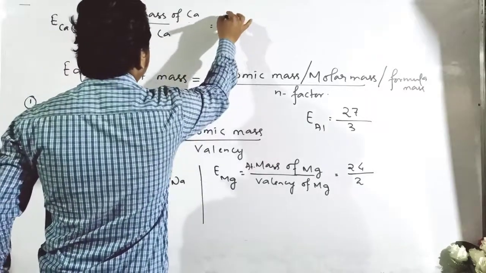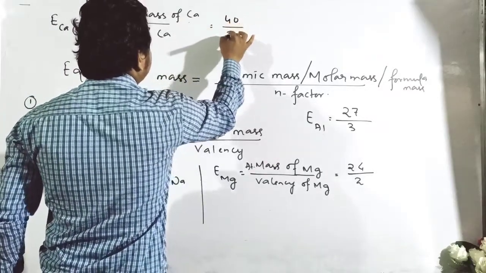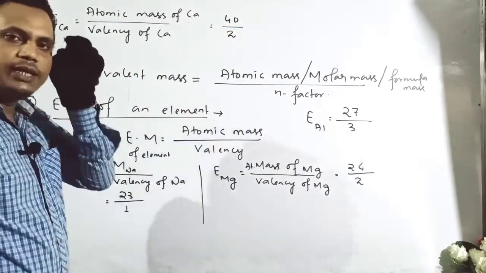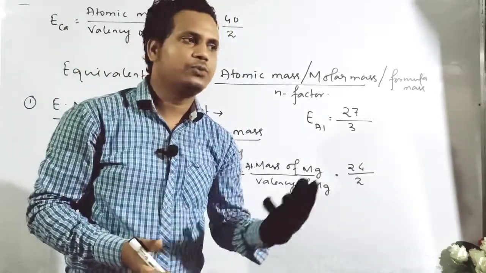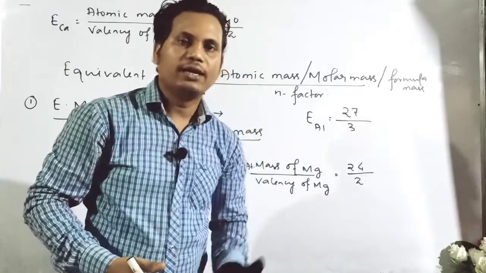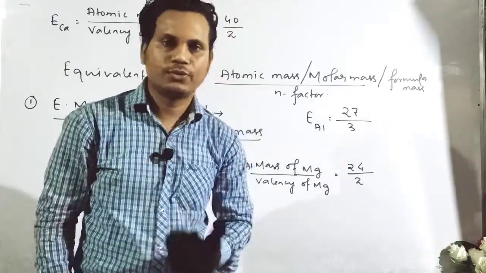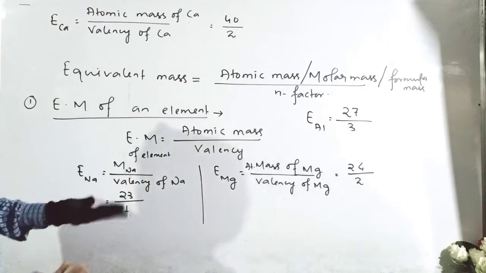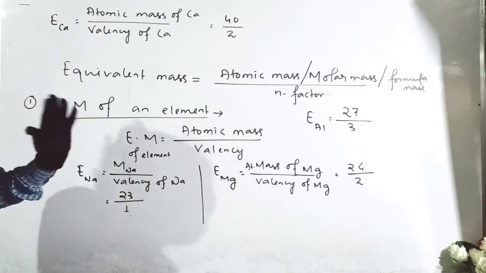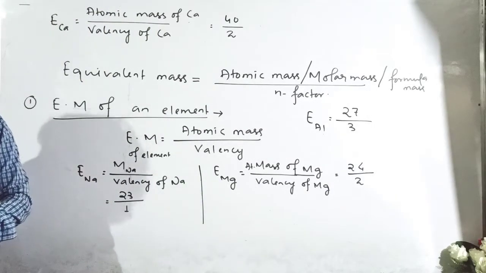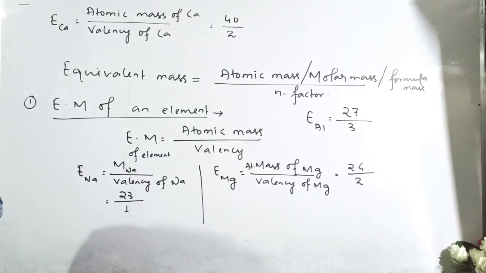We know it is 40. What is the valency of calcium? 2. Valency we all know, as you have learned in class 10 and class 11 also. So valency you know, I have assumed. So in this way we can find the equivalent mass of an element.